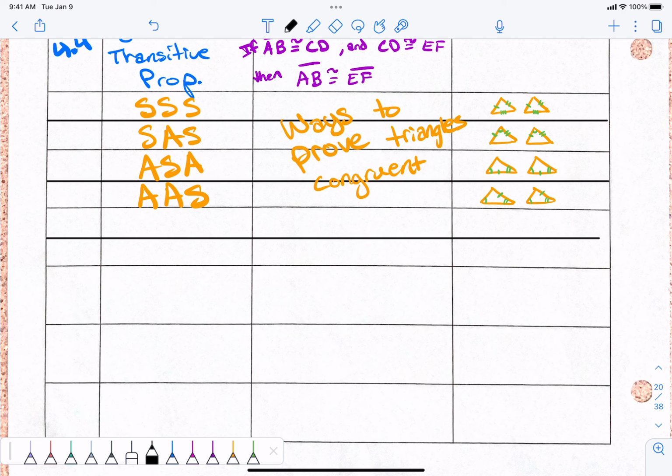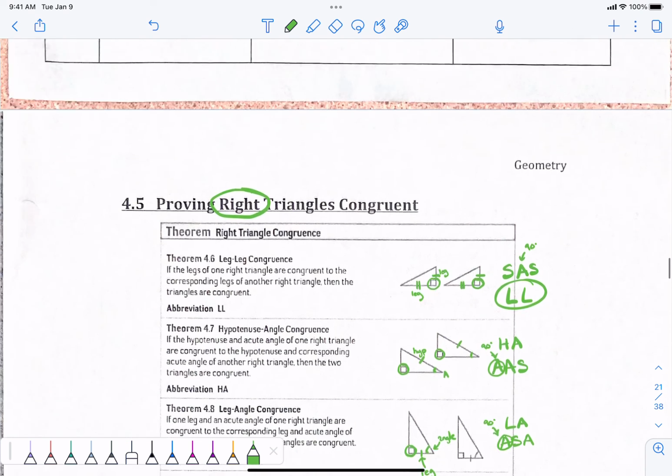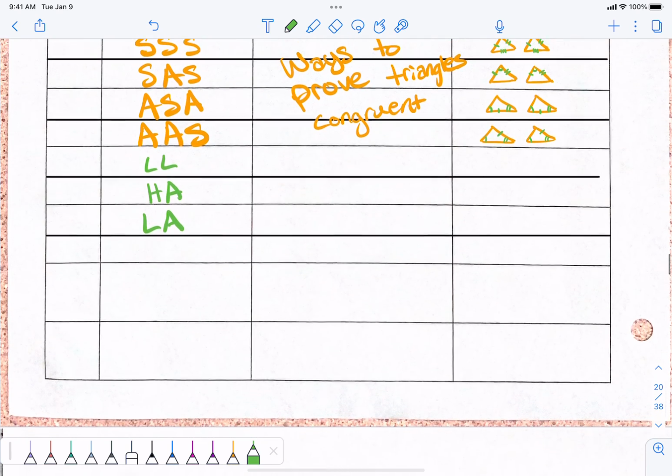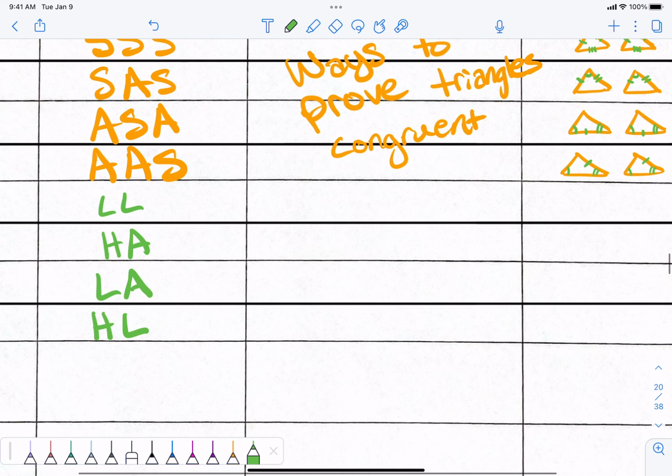Okay, so we're gonna split these in half and in half again. So you're gonna have to help me out. The first one was LL, HA, LA, HL. Okay. Leg, leg was really kind of like what did we do?